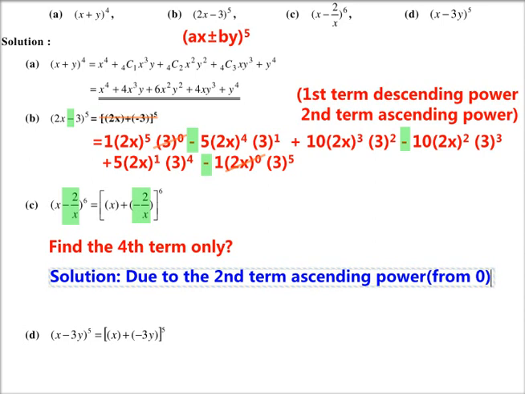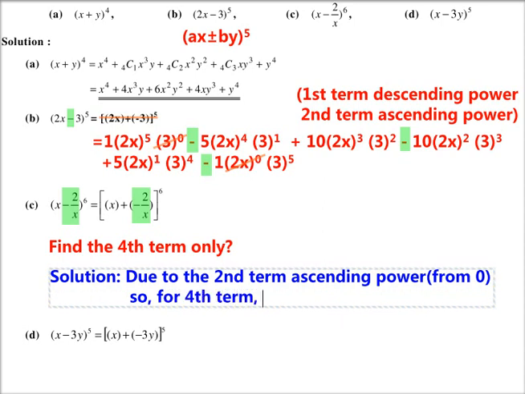So the fourth term, that means the power equals 3. Okay. So I found also for the fourth term. Yeah. Second term power equals 3.